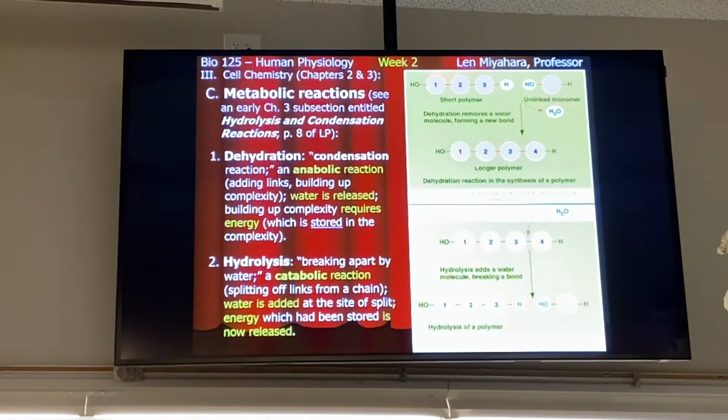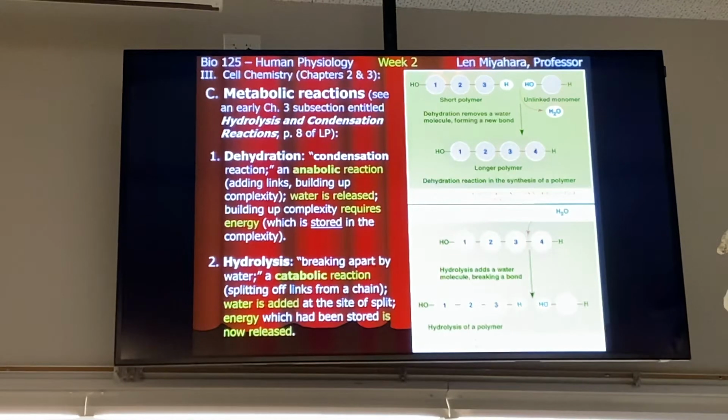These are two examples of some of the reactions we're going to see in metabolism. They are completely the opposite. What do you do when you have paired opposite content? You learn one, just learn the name of the other. So let's just learn dehydration.